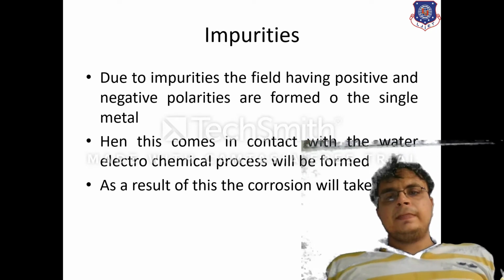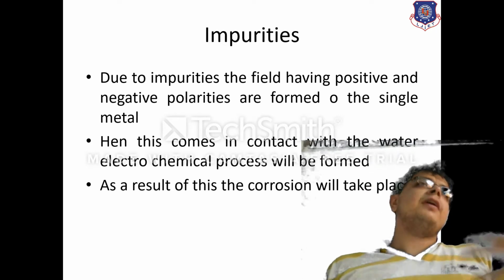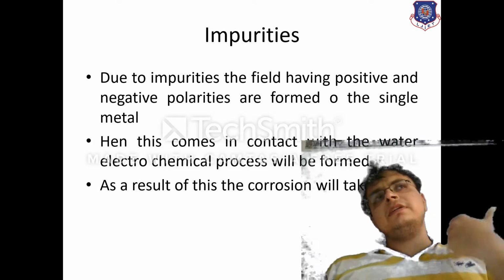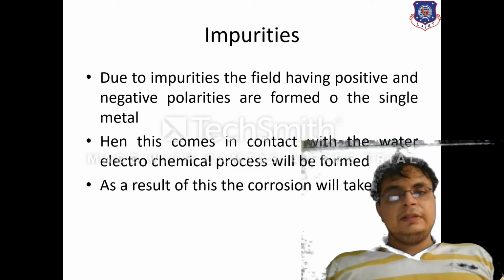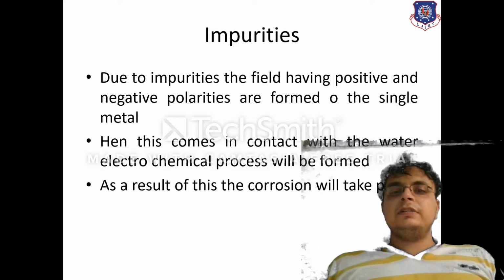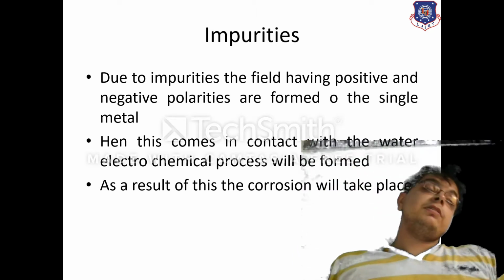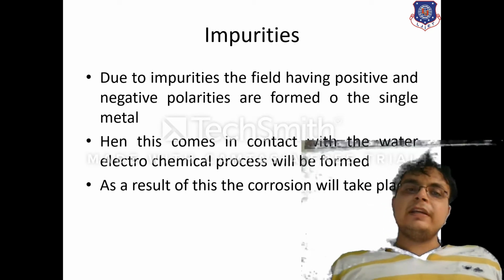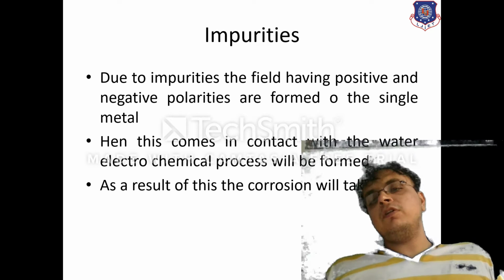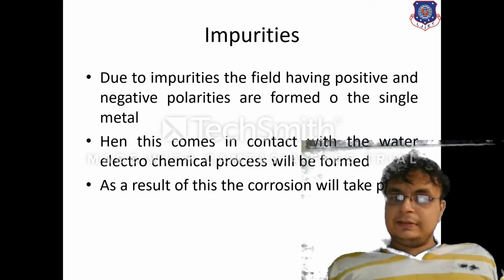Impurities. Now, impurities are found in the field. We all know that a large amount of impurities are there in the atmosphere, in the field. Impurities have positive and negative polarities. Both positive and negative polarities are formed on the single matter.